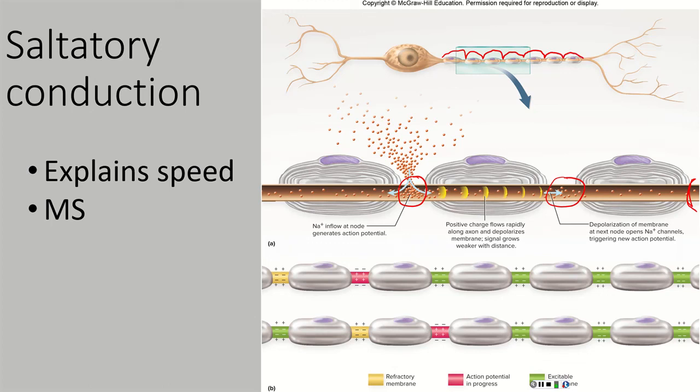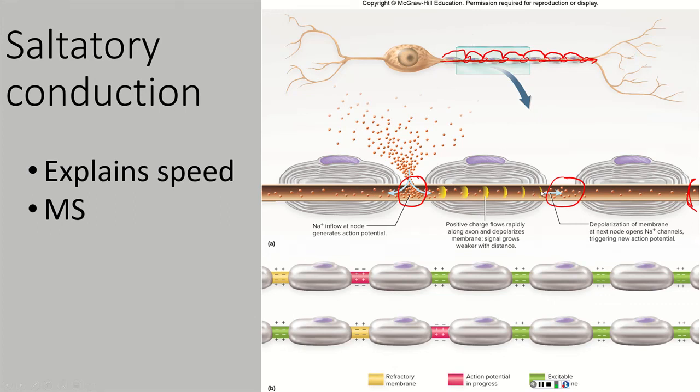In unmyelinated axons, the action potential travels the length of the entire axon without jumping. So if we're only looking at the nodes of Ranvier, it's as though the axon itself is shorter because we don't have to worry about this area covered by a Schwann cell.